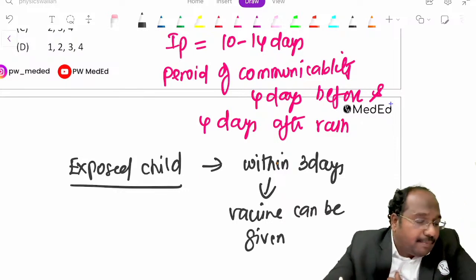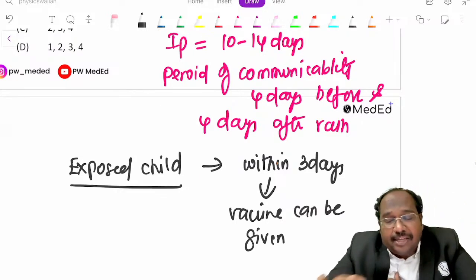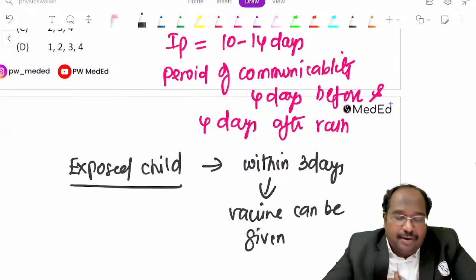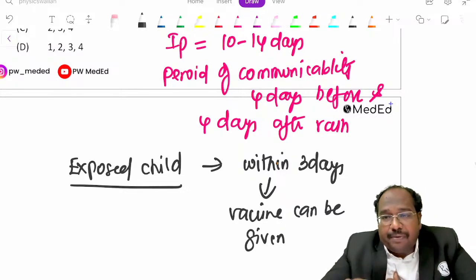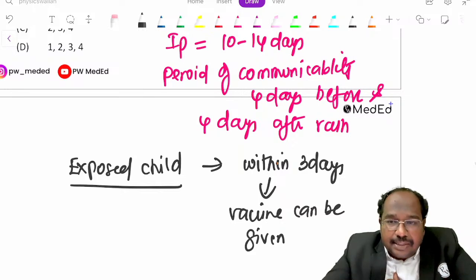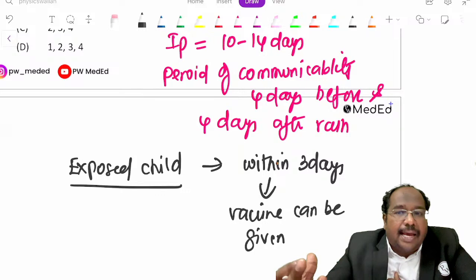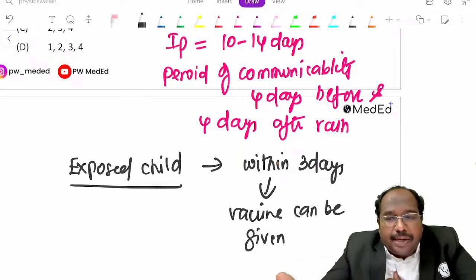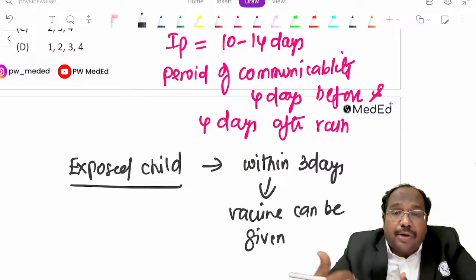Within 3 days means vaccine can be given, and we can prevent it. The disease incubation period is 10 days. Vaccine incubation period is 7 days. So there is that 3-day gap. If the child is brought to you earlier, you can give the vaccine itself.